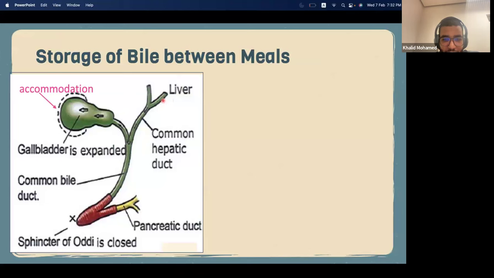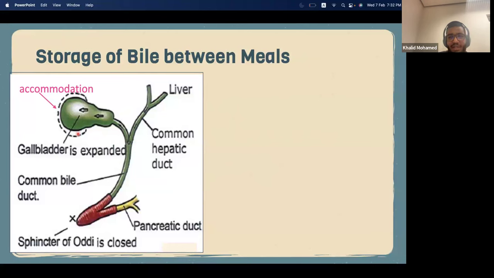And it's also a lot of pressure over here because the bile is constantly synthesized and secreted in the liver. But this pressure is more than this pressure. And the path of least pressure is where? The gallbladder. It's not contracting. There's no pressure at all. So always, fluid loves to follow the path of least resistance.